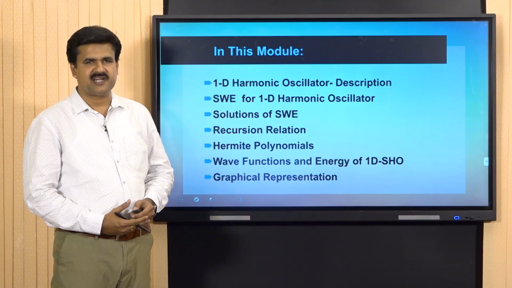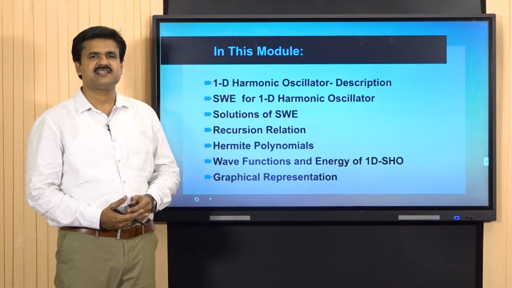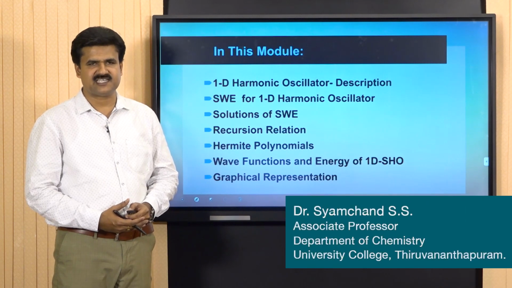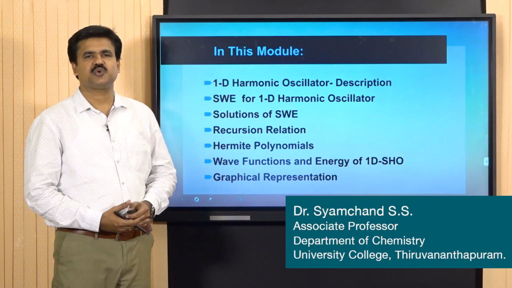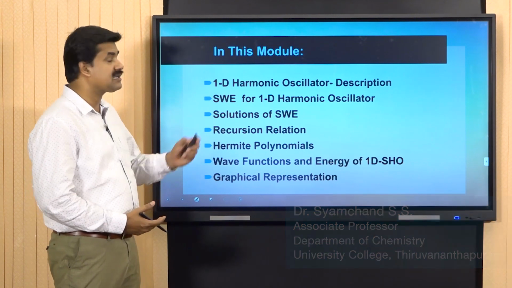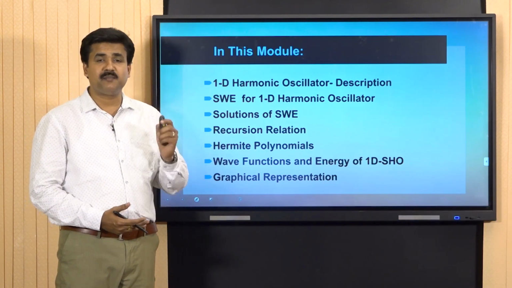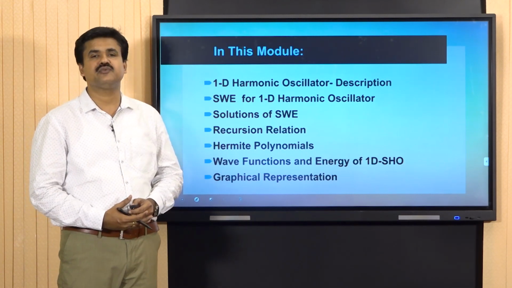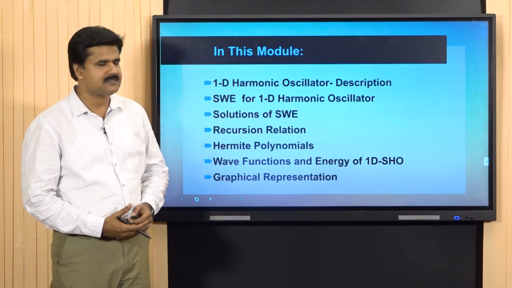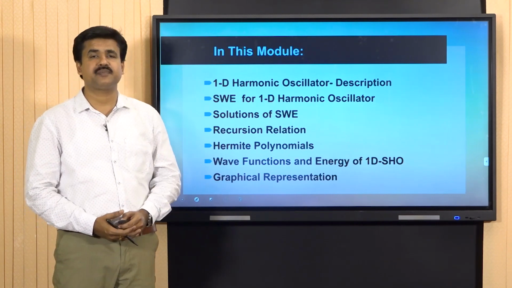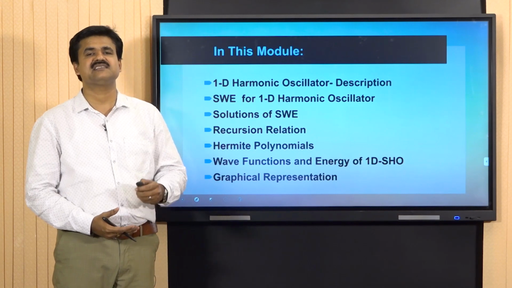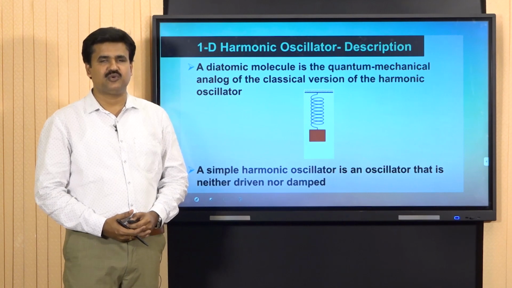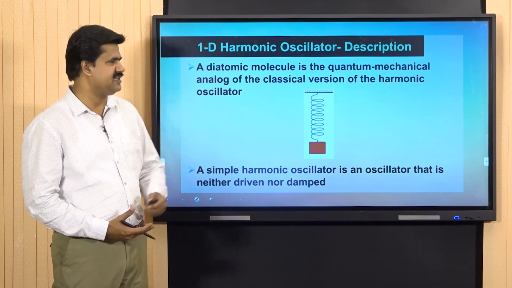This module contains the 1D harmonic oscillator description, the Schrodinger wave equation for the 1D harmonic oscillator, solutions of the Schrodinger wave equation, recursion relation, Hermite polynomials, wave functions and energies of the 1D simple harmonic oscillator, and graphical representation of energy as well as wave function. First of all, the one-dimensional harmonic oscillator. A brief description is here.